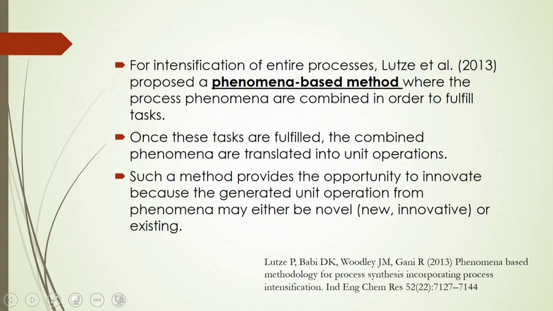Such a method provides the opportunity to innovate, because the unit operation generated from the phenomena may be novel, new, innovative or existing. That is why the phenomena based method can be used to fulfill the task, and you have to combine the phenomena so that they are translated into unit operations.